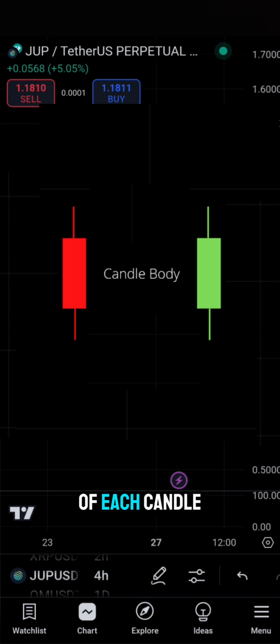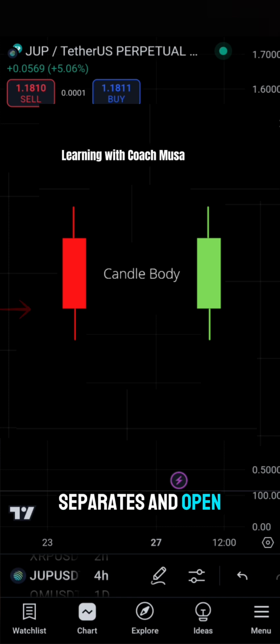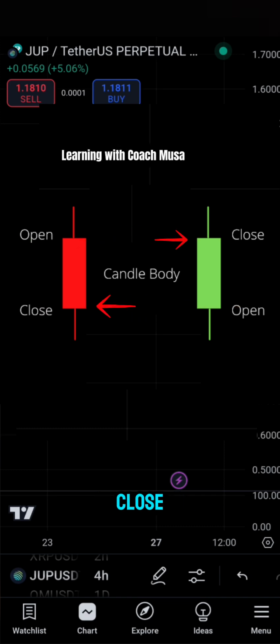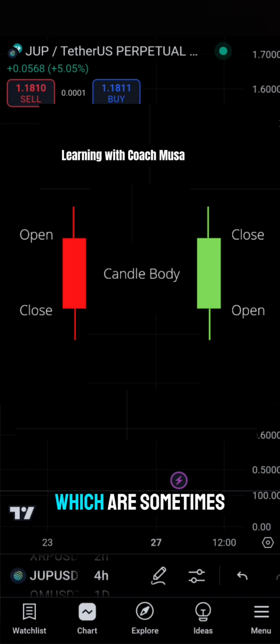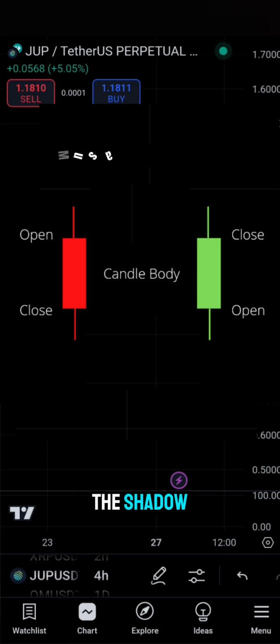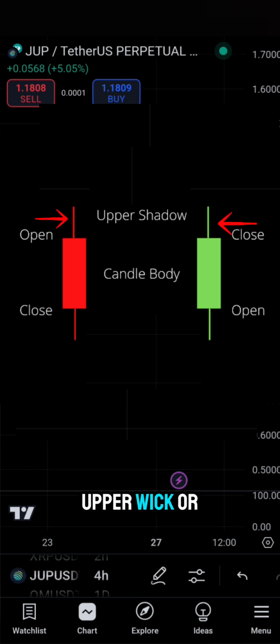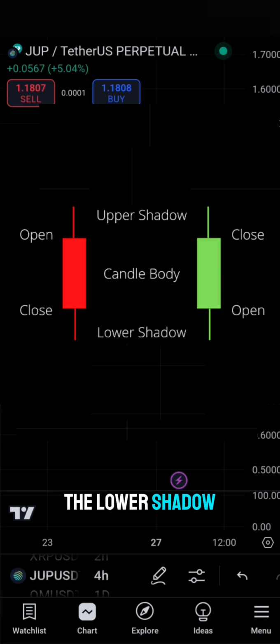And the body of each candle is divided into two subparts, an open and then a close. And the wicks, which are sometimes referred to as the shadow, are also of two parts. There is the upper wick or upper shadow, and then the lower wick or the lower shadow.